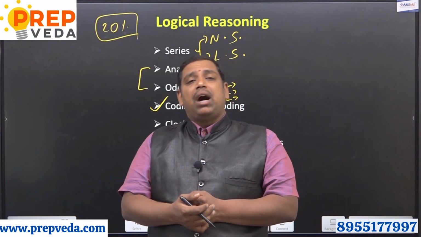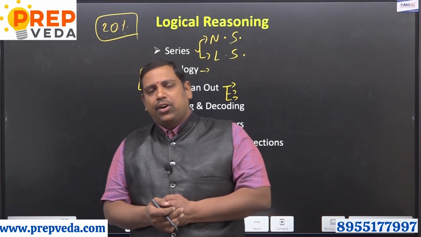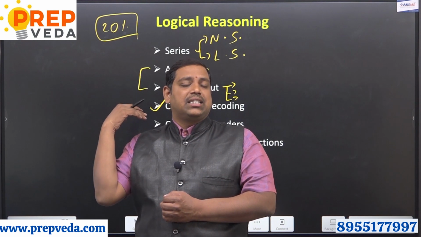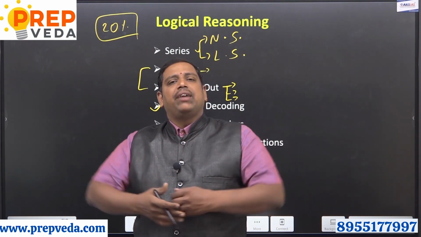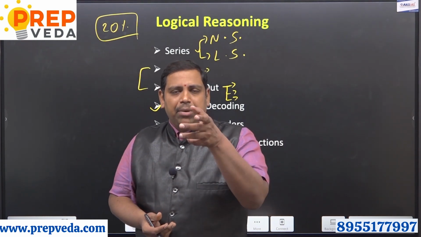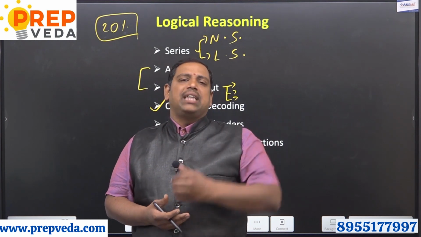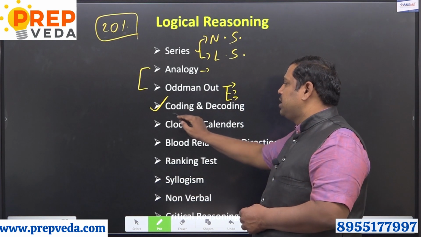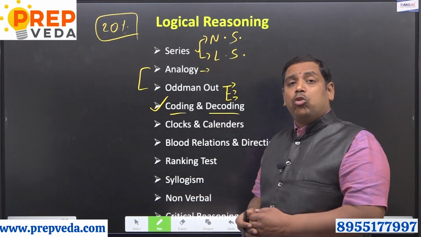There are so many malwares and viruses on the internet, and those people will intentionally steal the data. That's why I should encrypt it. In computer language we use encryption and decryption. In reasoning, we call it coding and decoding. This is a most beautiful topic.